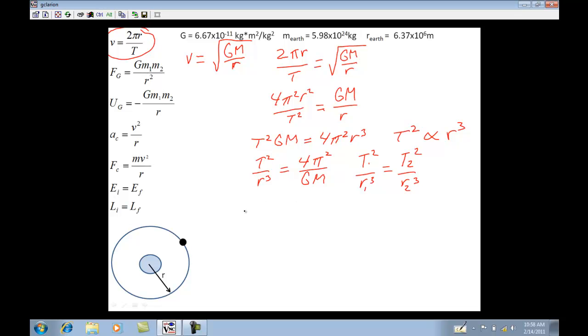But if we solve it for T, which is normally the way that people write it out, it becomes T equals the square root of 4 pi squared R cubed over big GM. So this is normally how Kepler's third law is written out. Okay? So there is precedence for this equation being asked on the AP test to derive.